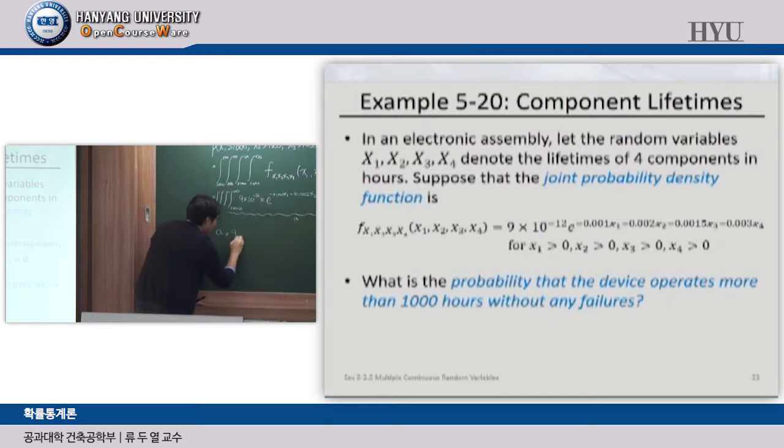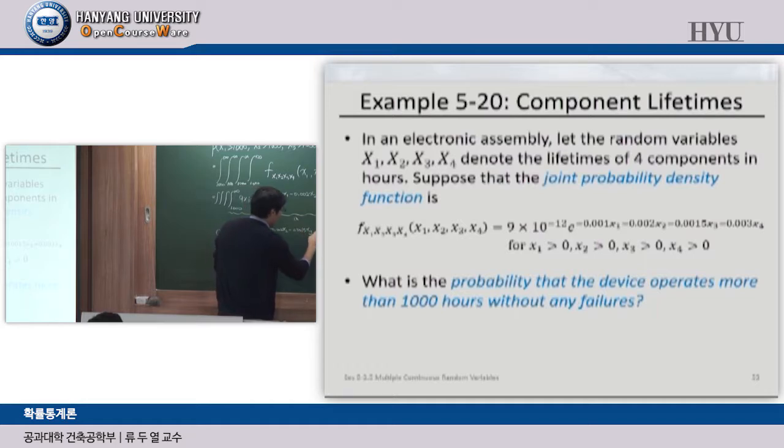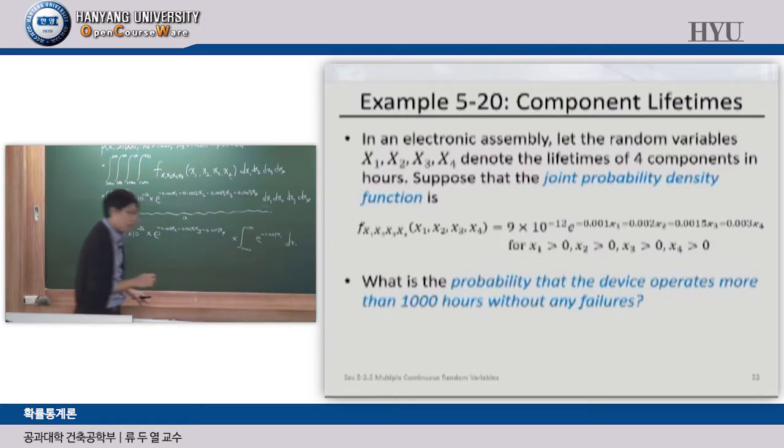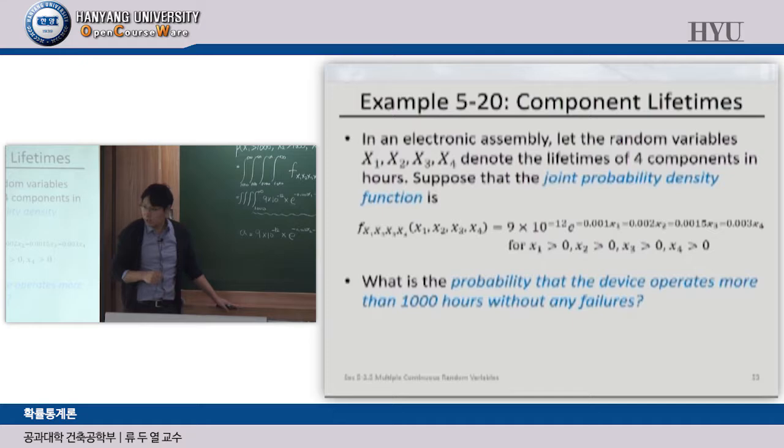So that is equal to 9 times 10 to the minus 12th power times exponential of minus 0.002 x2 minus 0.0015 x3 minus 0.003 x4 times the integration from 1000 to infinity of exponential minus 0.001 x1 dx1.